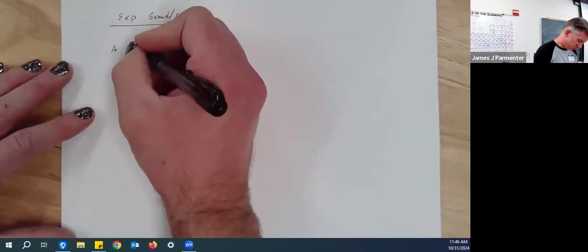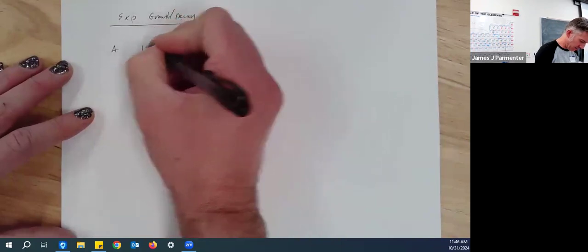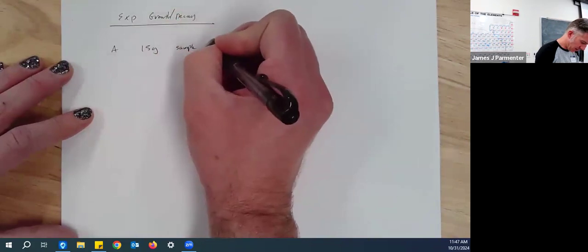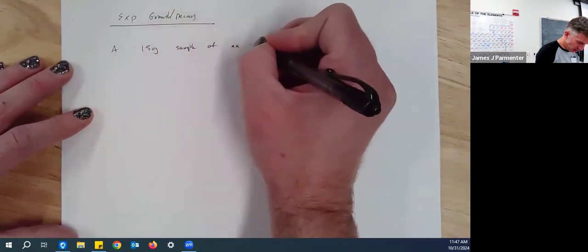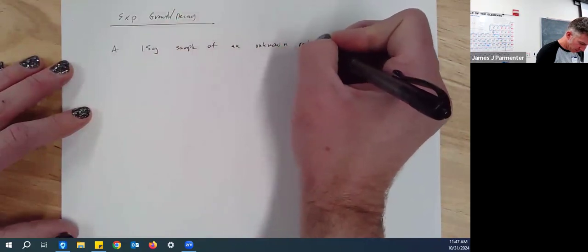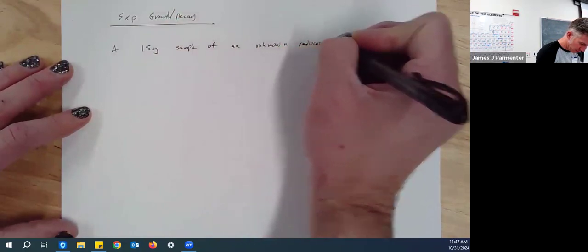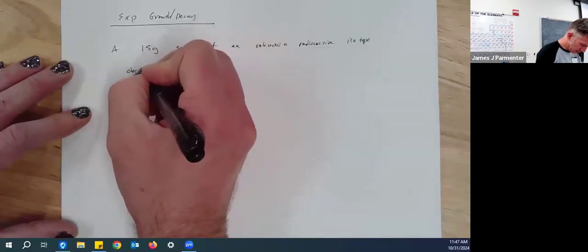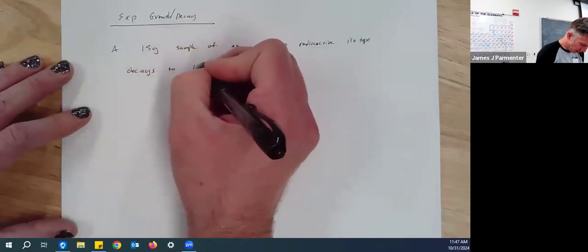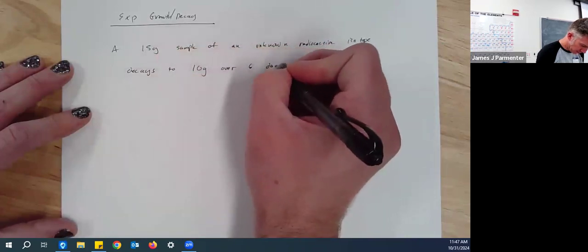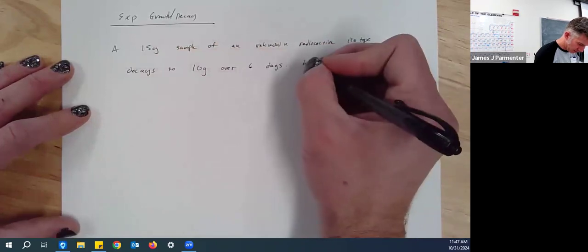A 15-gram sample of an unknown radioactive isotope decays to 10 grams over 6 days.